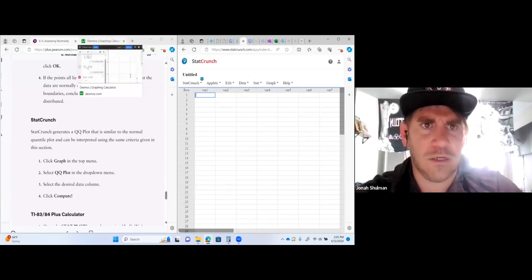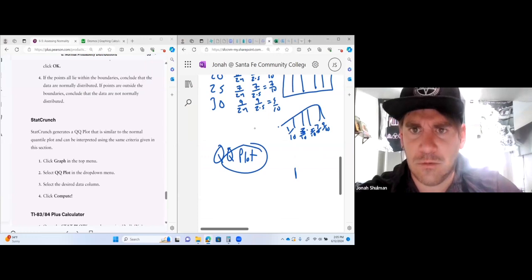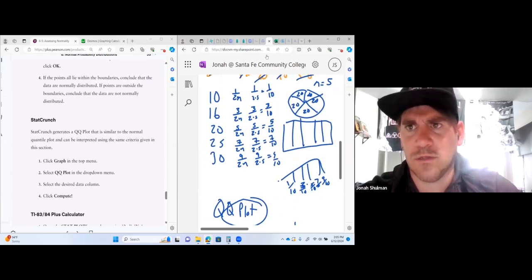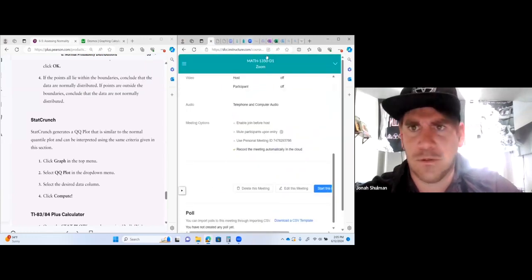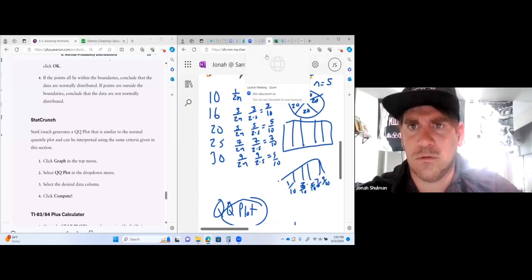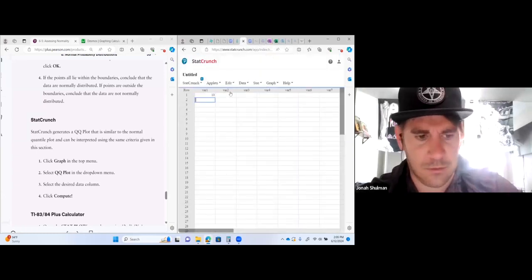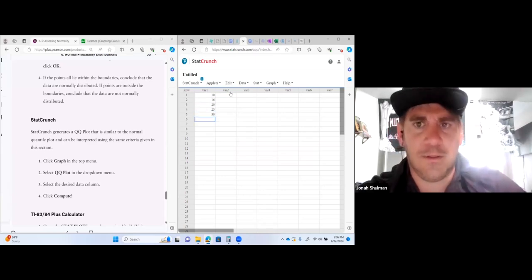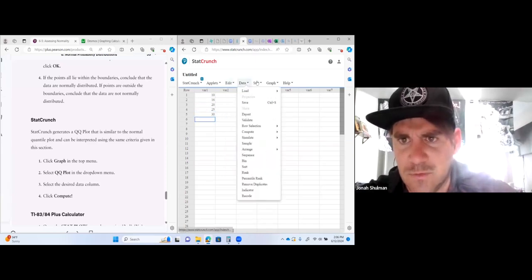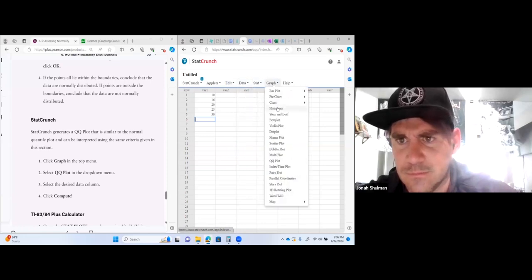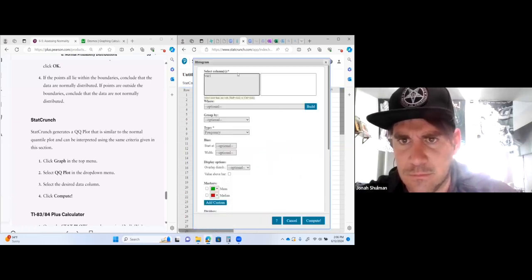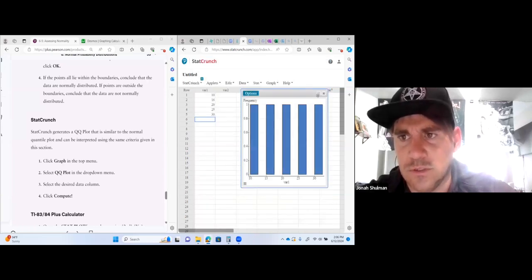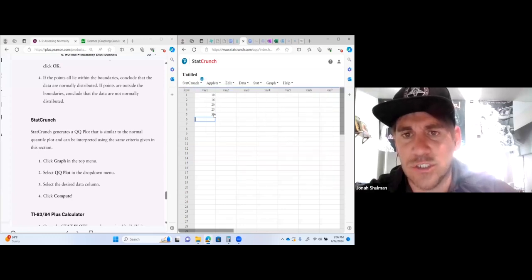Our data was 10, 16, 20, 25, and 30. Let's make a histogram real fast first. Because there's one of each, it doesn't really help us, unless I were to change this into frequencies.